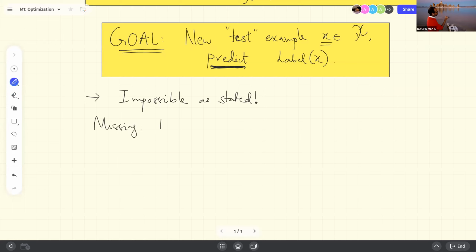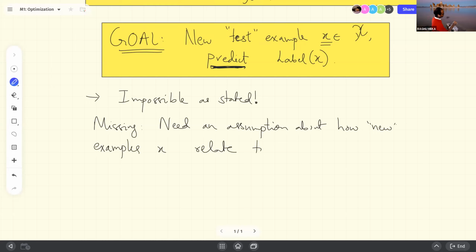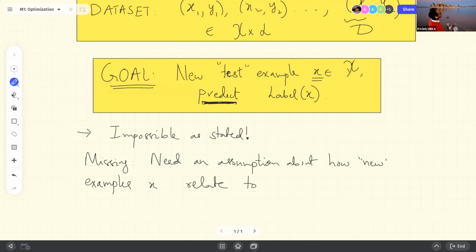At the very least, we need an assumption about how new examples x relate to the training set.